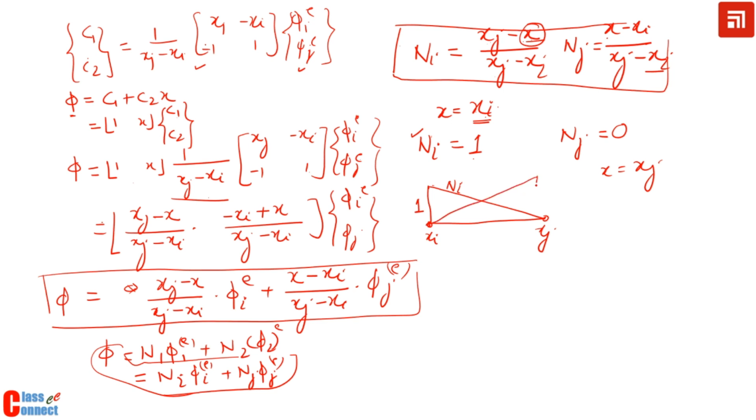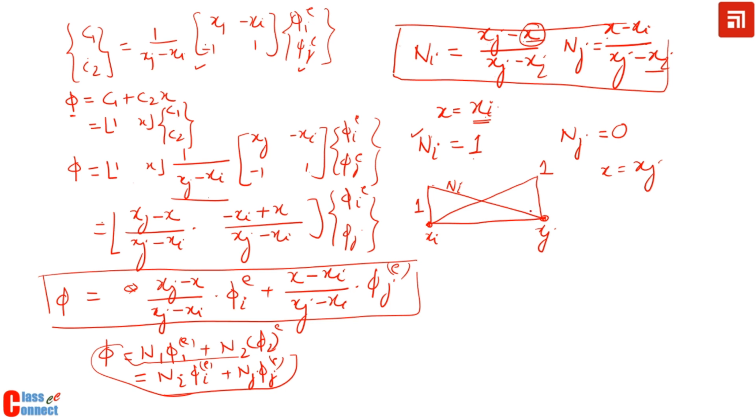At the jth node, the shape function of the jth node will be unity, and at all other nodes, in general, though we are only talking about the two-noded element, whenever we calculate values of shape functions at each node, that node's shape function is 1 and all other shape functions are 0.